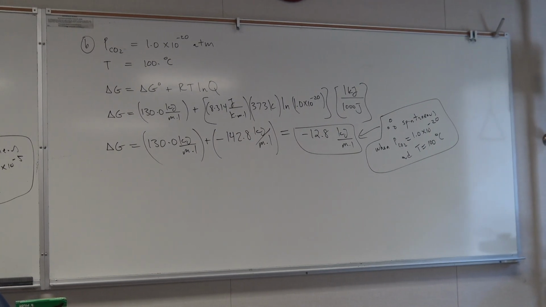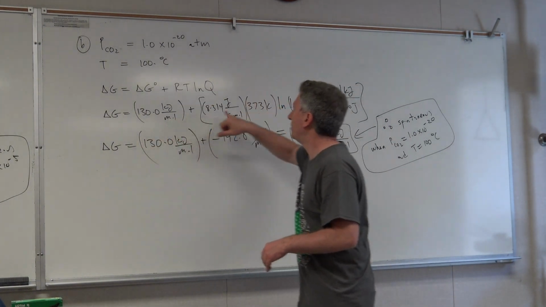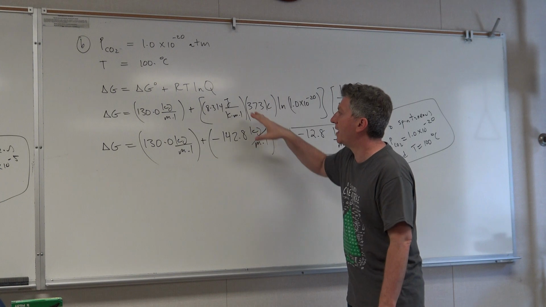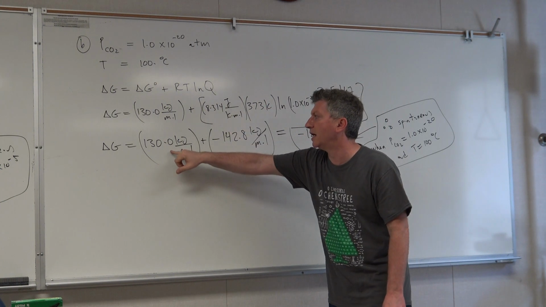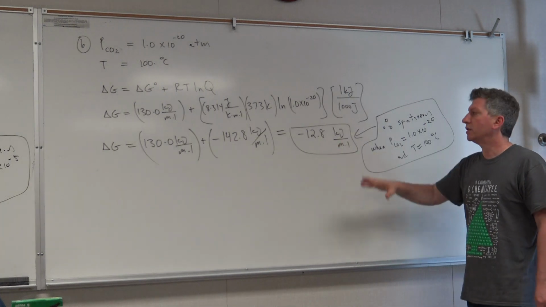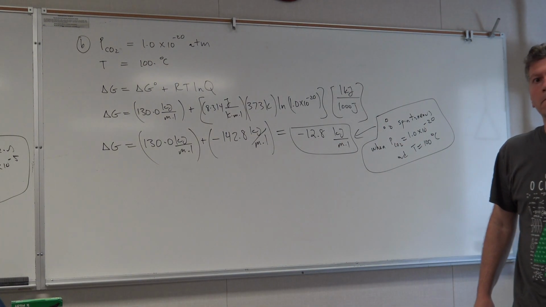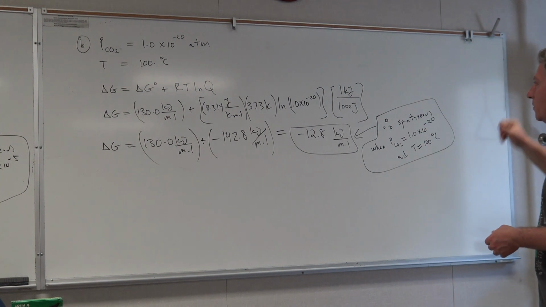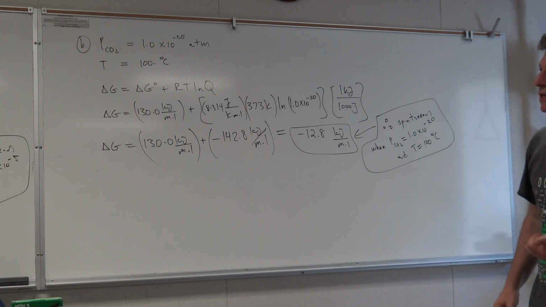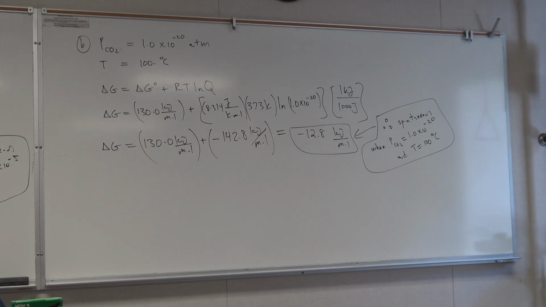So you have very little CO2 there. And the temperature I increased it to 100 degrees Celsius. So then I plug in the numbers and I solve, and now we see that this term now becomes more negative than this is positive. So overall, the delta G will be negative. So under these conditions, the reaction is actually spontaneous. So whether the reaction is spontaneous or not greatly depends on the conditions, of course. So keep that in mind.